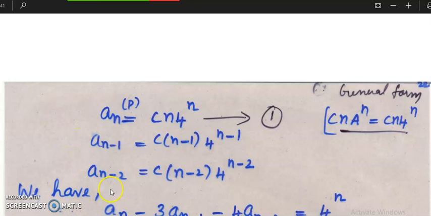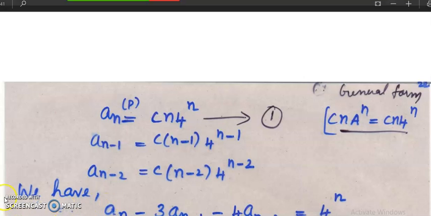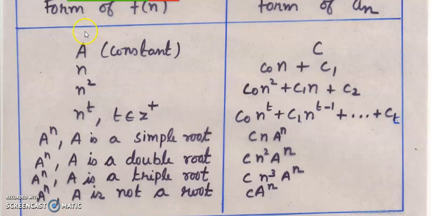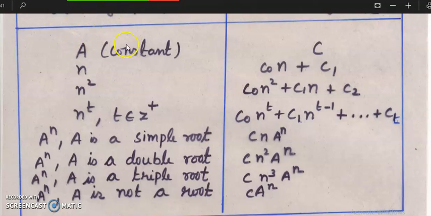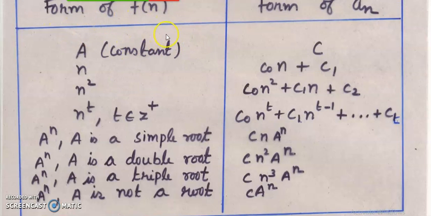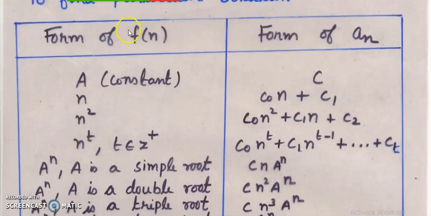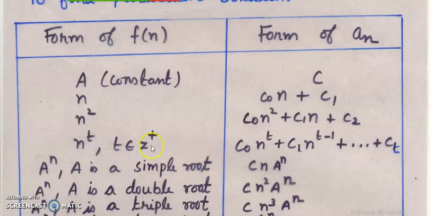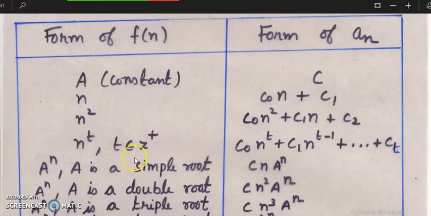So we learned this earlier; this is the table we learned. If f of n is of the form a power n and a is a simple root, that means there is no repetition, it occurs only one time.